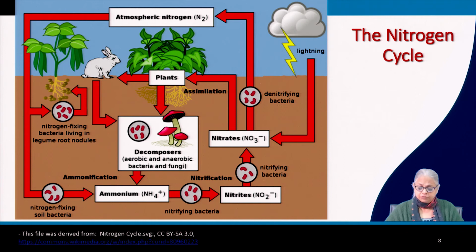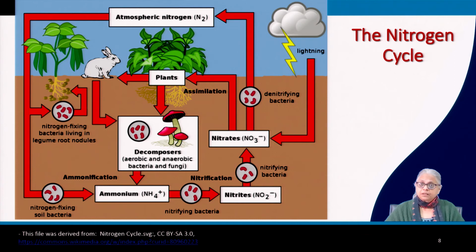It can get converted to nitrite and nitrate. So in nitrification processes with oxygen as the terminal electron acceptor, we have autotrophic bacteria, Nitrosomonas and Nitrobacter, that are capable of converting ammonium to nitrite and nitrate, and all these forms, ammonia, nitrite, nitrate, can be taken up by plants and converted to organic nitrogen.